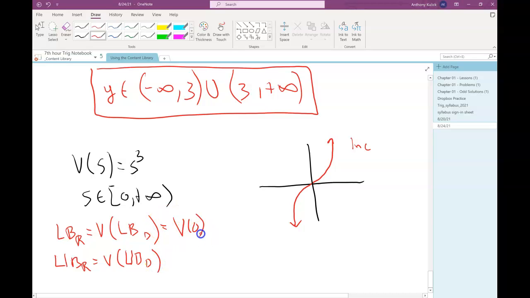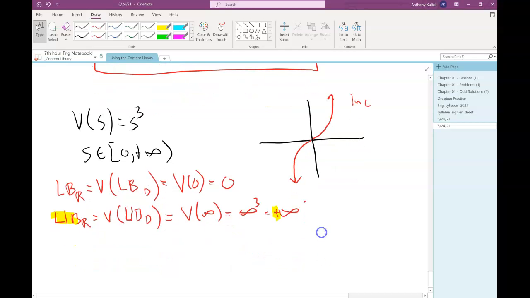So that's v of 0, which is just 0. And that's going to be v of infinity, which is infinity cubed, which is just still infinity. And since this is an upper bound, we know the infinity is positive.